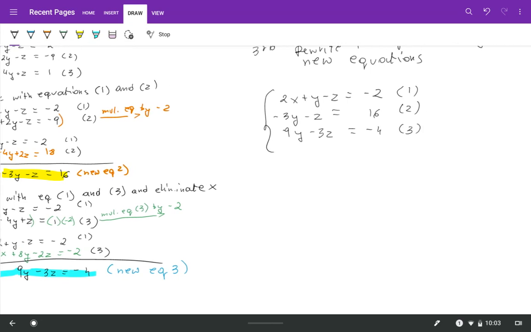What you want to do, first you want to work with equation 2 and equation 3 together, because we only have y and z, two variables, and we know how to solve that system, which have two variables.